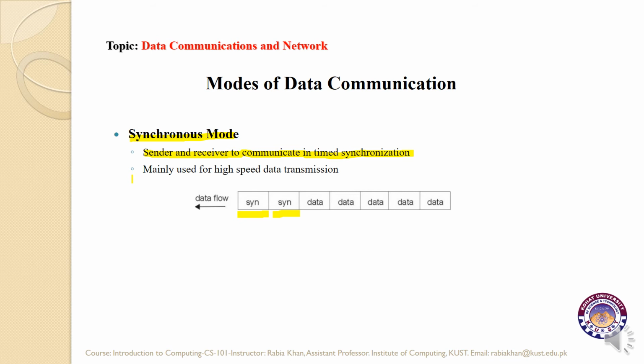Once the sync characters are received by the receiver, which is a remote device, they are decoded and used to synchronize the connection. So, before sending the data, the sender first sends these synchronization bits in order to inform the receiver that data is about to be sent, so synchronize your clock.